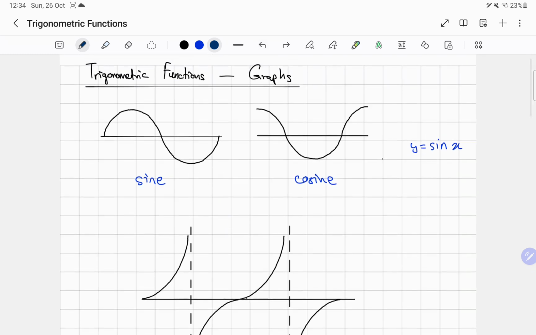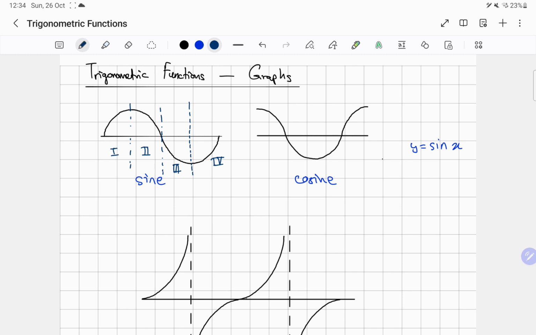And you can see that if you divide this into their respective quadrants, this is where the quadrants will be. This is the first quadrant, this is the second quadrant, this is the third quadrant, and the fourth quadrant.